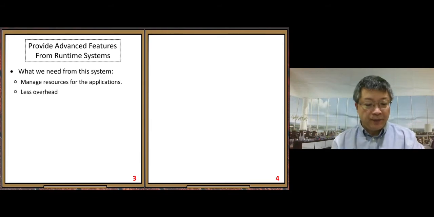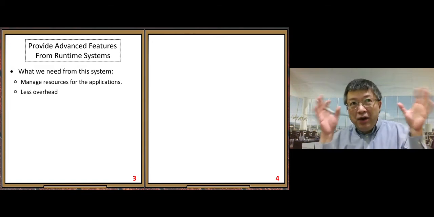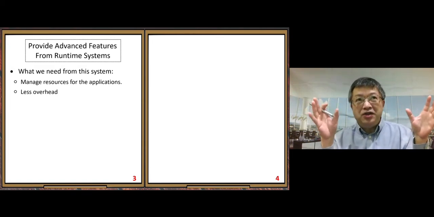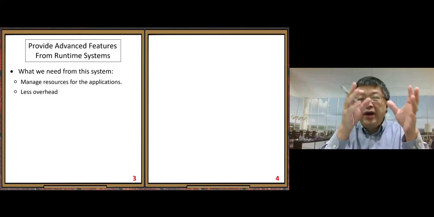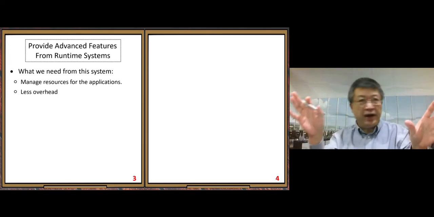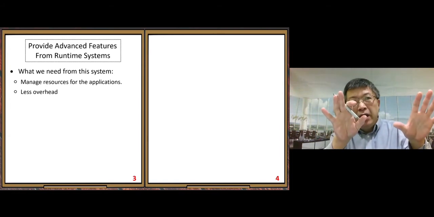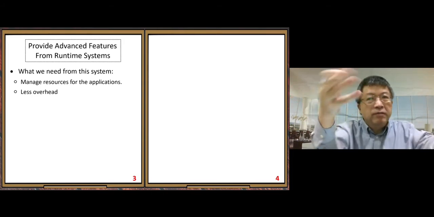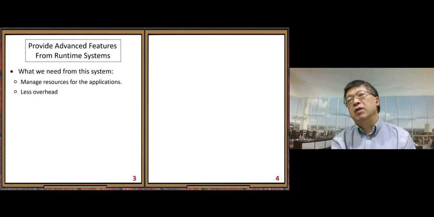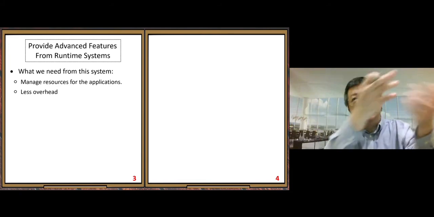Less overhead. Because it knows everything about your technology, it can make things run more efficiently and reduce overhead. So when you do multiple things, those different processes, those different programs, can share the same resource.